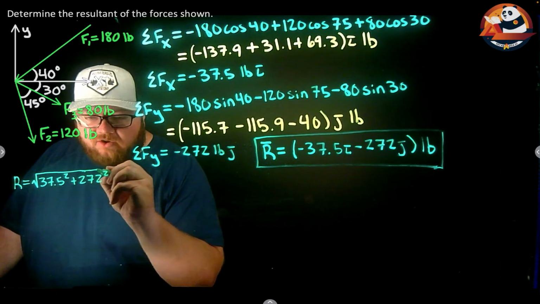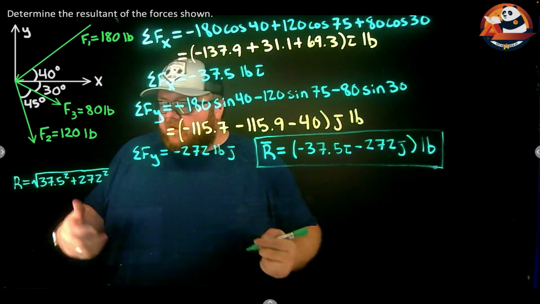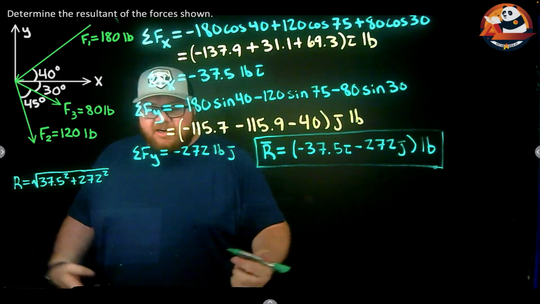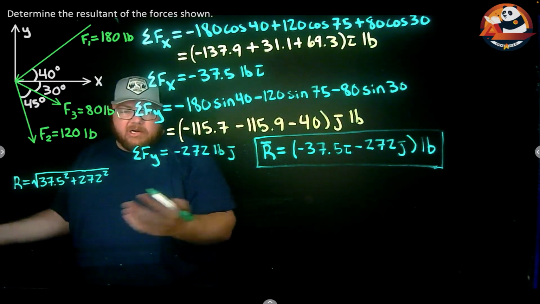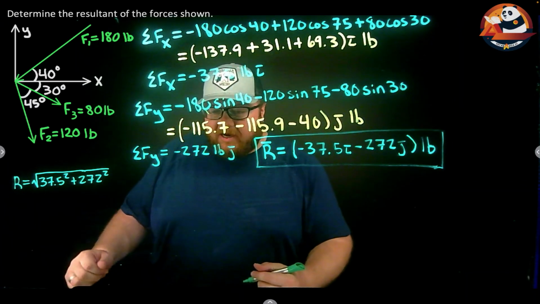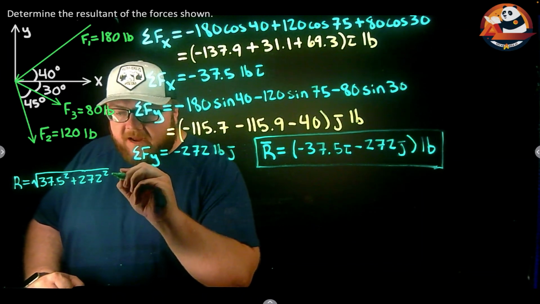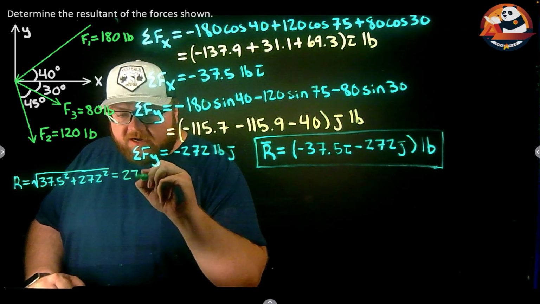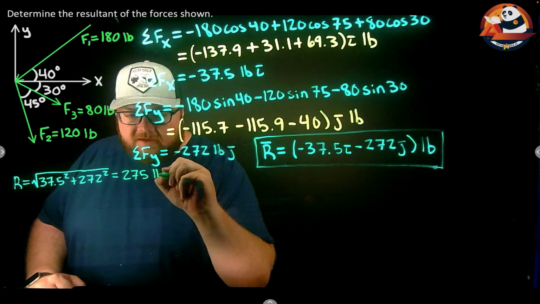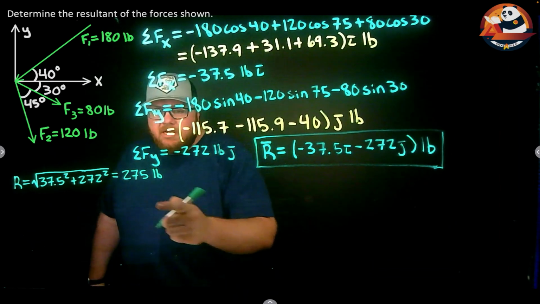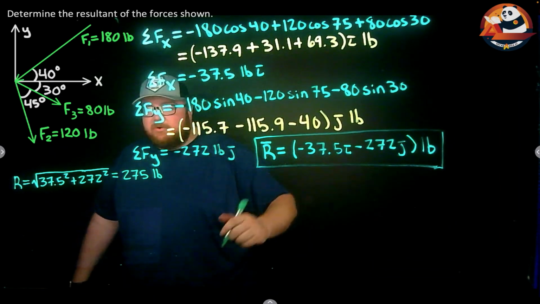And again, we're ignoring the negative signs on this because a negative squared is the same as a positive squared. We're sidestepping any calculator issues by just putting it as a positive. This will get me my magnitude here of 275 pounds.